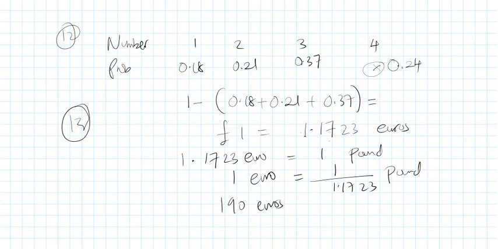So 1 is becoming 190, you're multiplying by 190, and on the right-hand side you multiply by 190 as well. If you simplify that, you get the number of pounds.